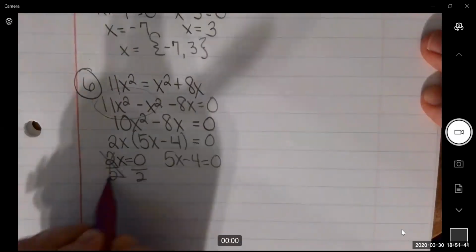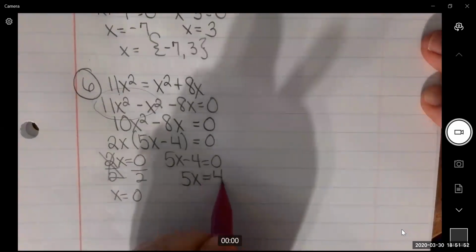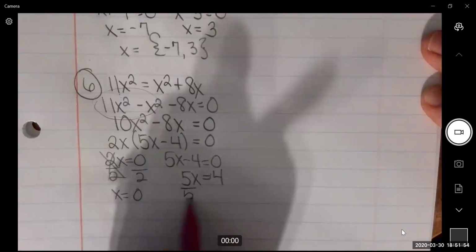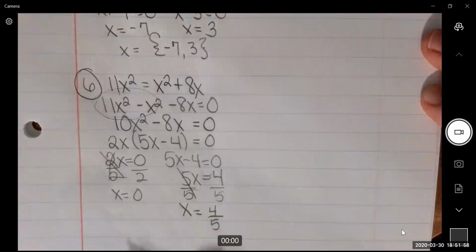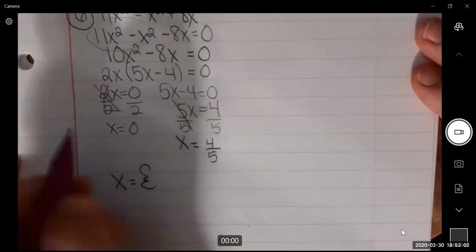This side you're going to divide by 2. This side you would add the 4. And then divide by 5. So x equals 4/5. So your solution, or roots, or your x-intercepts would be 0 and 4/5.